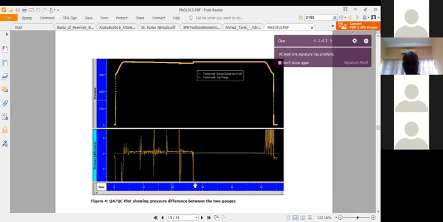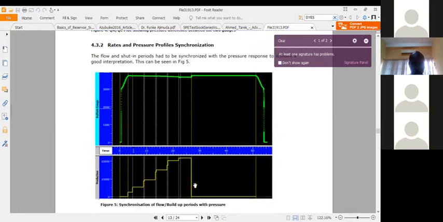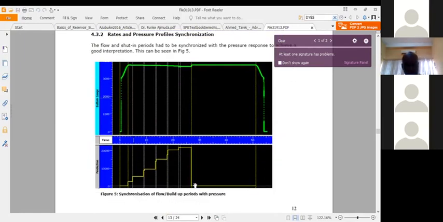It's a QAQC plot showing pressure differential between 2 gauges. Now, look at figure 5. Figure 5 is rates and pressure profiles synchronization. You have a pressure plot above, and below is a rate plot, which seems to be in stepwise fashion.